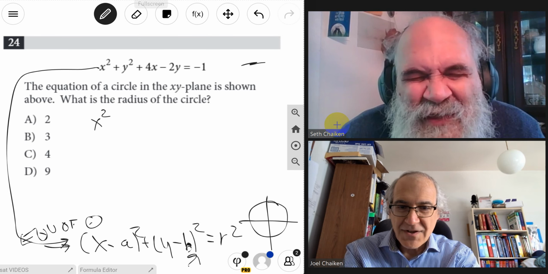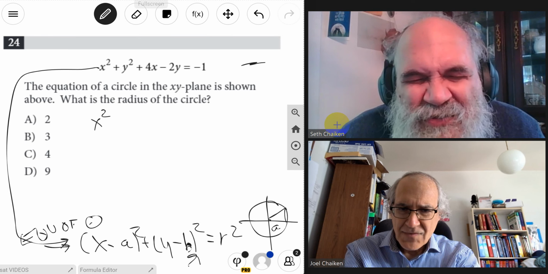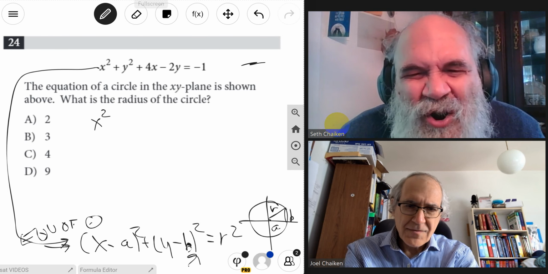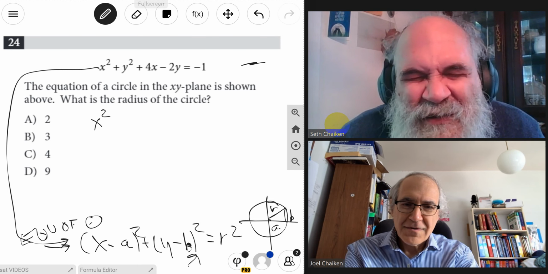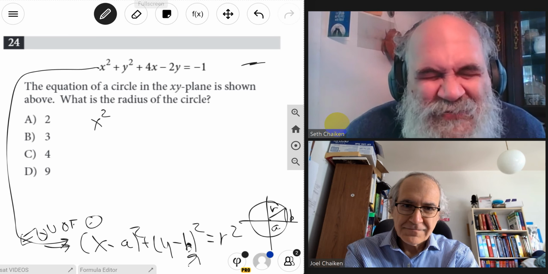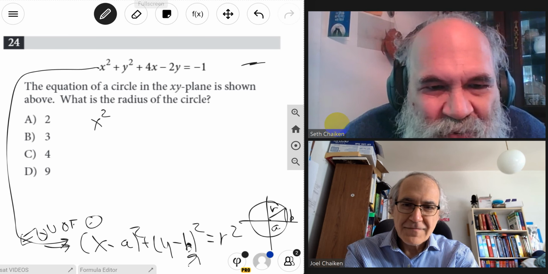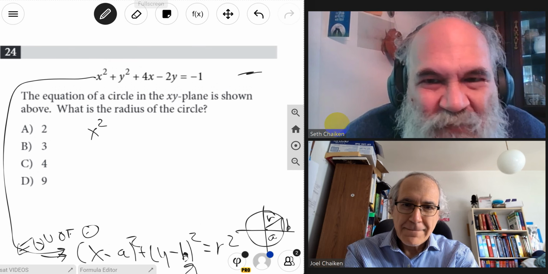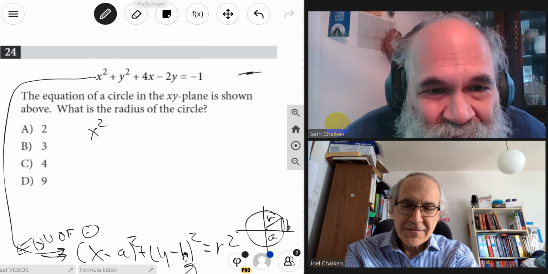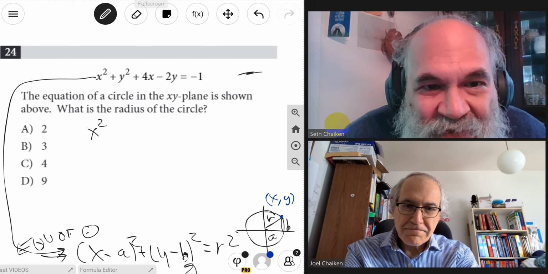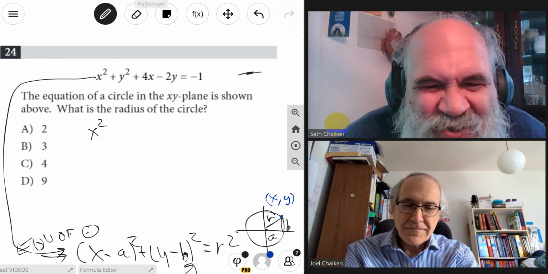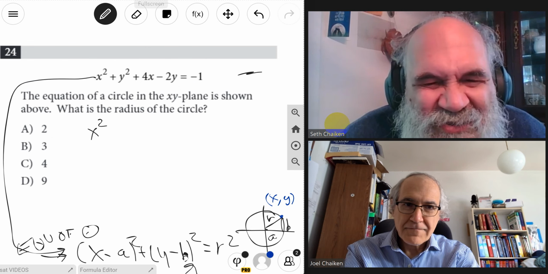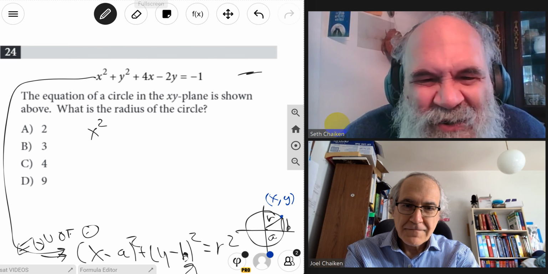So it says there's a right triangle with hypotenuse r for every point on the circle, and the equation states the Pythagorean theorem for that right triangle.